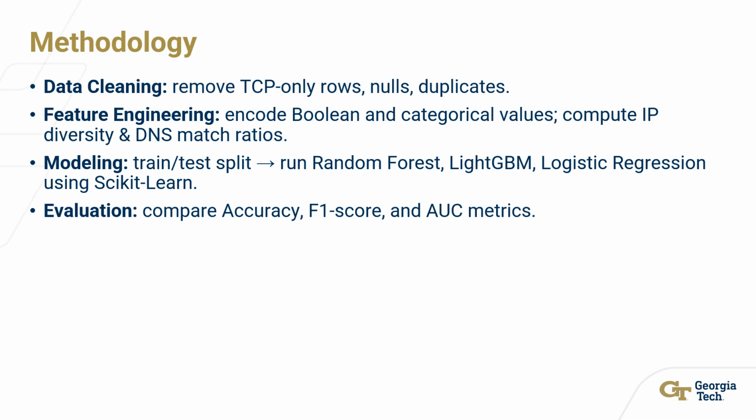Then we decided to train the three supervised models: random forest, LightGBM, and logistic regression using scikit-learn. Finally, we evaluate the performance using standard metrics like accuracy, F1 score, and so forth, which are going to be used to determine which model best classifies the censorship instances.